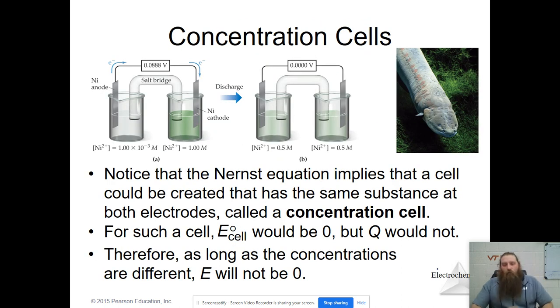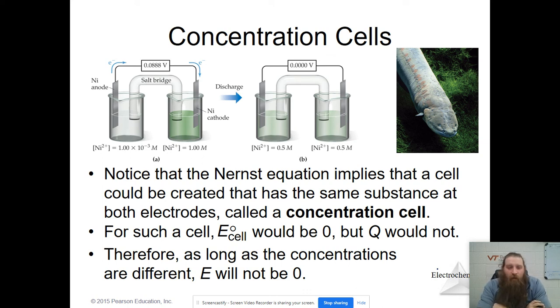Now, the last thing we're going to look at in this first video is the concentration cell. I'm not going to spend a lot of time on it because, quite frankly, the AP test doesn't spend a tremendous amount of time on electrochemistry. However, you should be aware that if you have a voltaic cell set up with the same species on both the anode and the cathode side, and you vary the concentrations in those two sides, then you can actually create a voltaic cell.